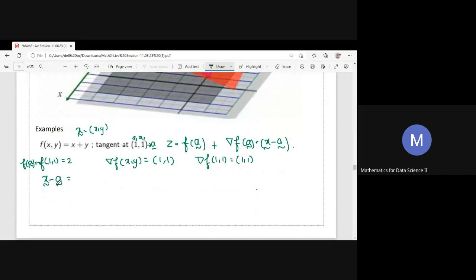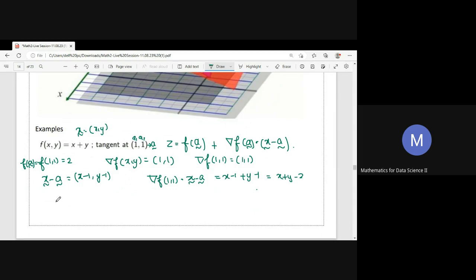So x tilde minus a tilde is x minus 1 and y minus 1. Now applying this to the formula, what is del f of 1 comma 1 dot x tilde minus a tilde? The dot product of these two vectors is x minus 1 plus y minus 1, so x plus y minus 2.